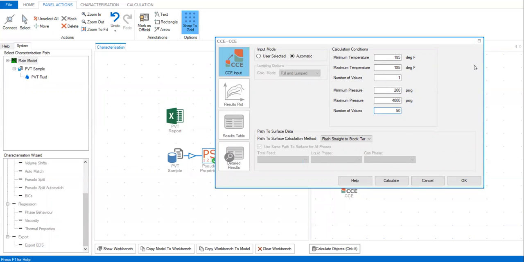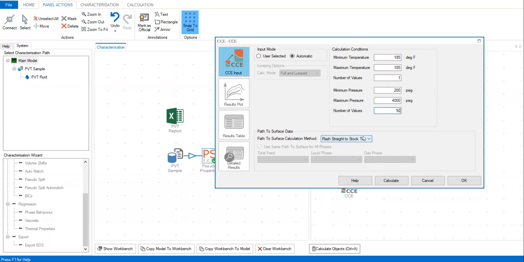Okay, we will create the prediction, the estimation, the predicted curve for the fluid properties, and then match them, compare them with the lab data that we have. And then path to surface calculation method, flash straight to stock tank.